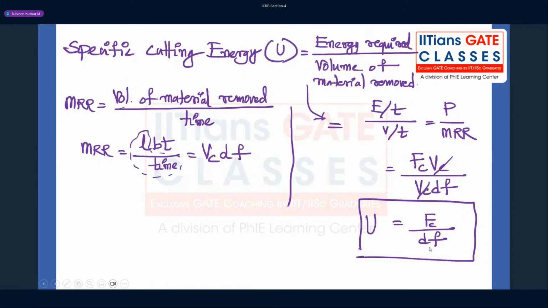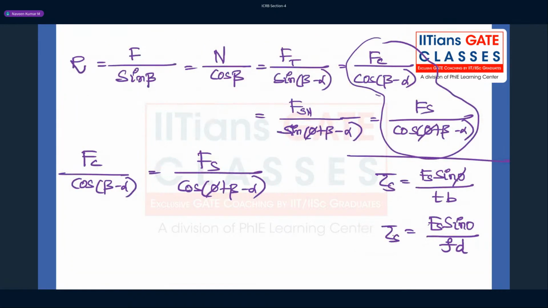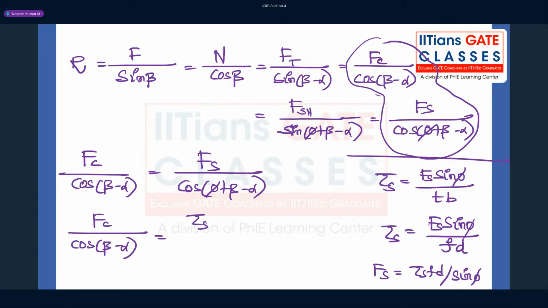Why? Because we want cutting force divided by feed into depth of cut, right? So we substitute Fs equal to tau s f d divided by sin phi. Substitute that here. So Fc by cos beta minus alpha is equal to tau s f d by sin phi, by cos phi plus beta minus alpha.